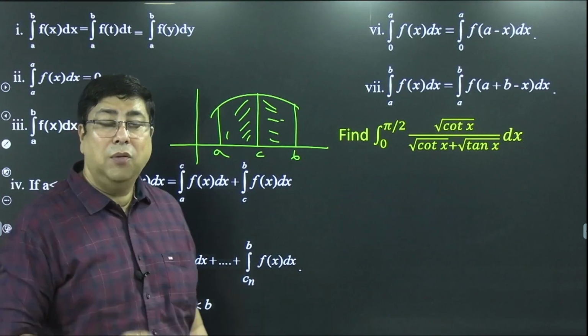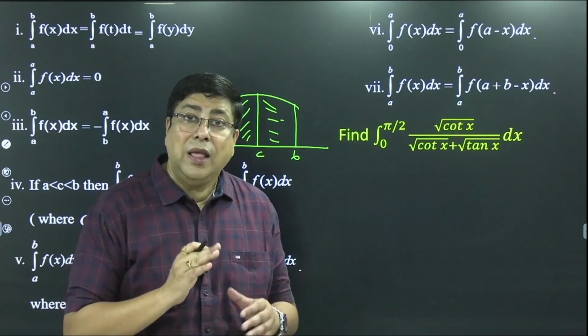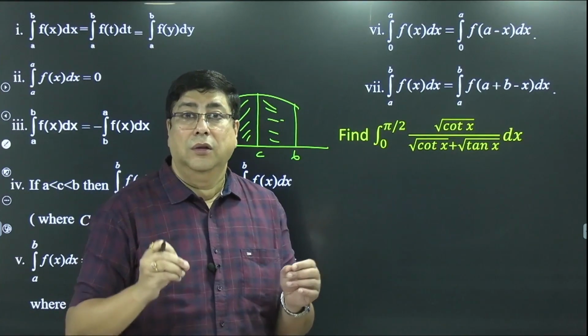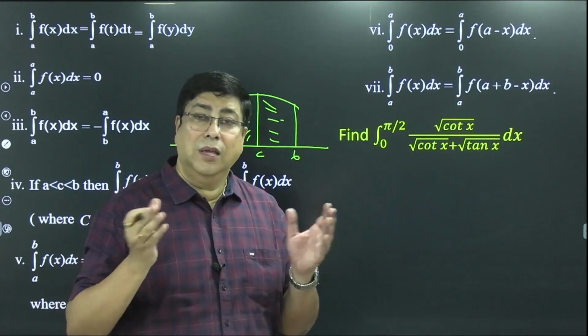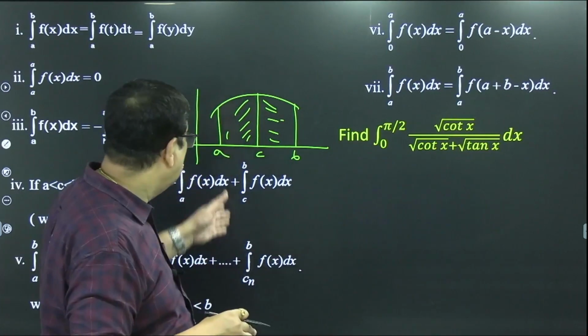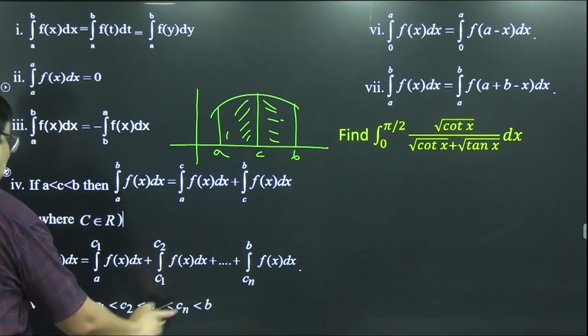Generally this property is utilized only when there is some problem, like at pi by 2 there is tan x. Tan x is undefined, or you can say the asymptote goes to infinity. In this case we can make such partitions. Here it is also the same thing.